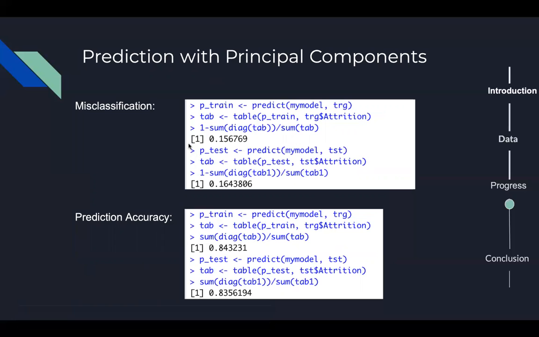We can see the misclassification error from the training data set is around 15 to 16%, and for the testing data set it is almost the same, 16%. So in other words, my model's accuracy is above 83%. I think it's pretty good for predicting how much future employees could contribute to attrition.